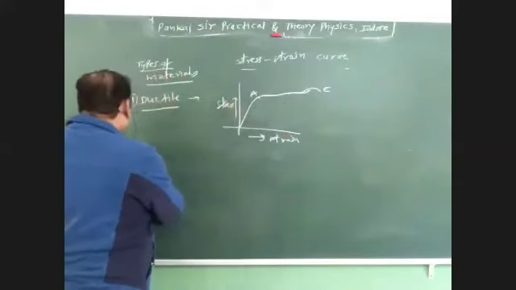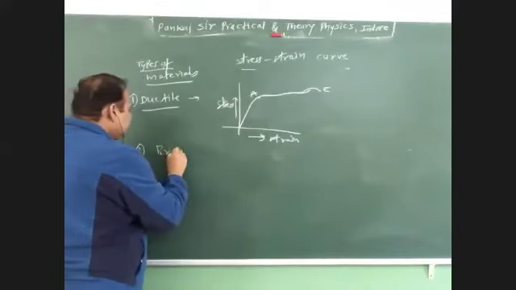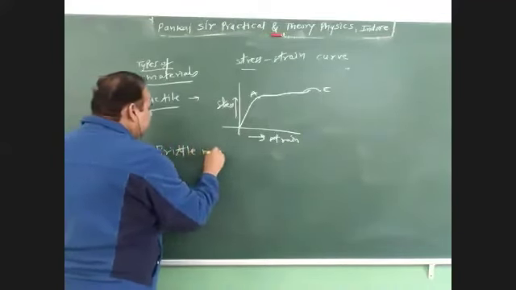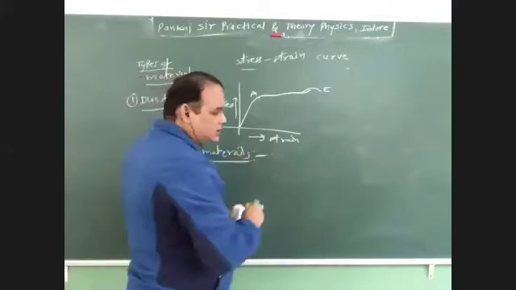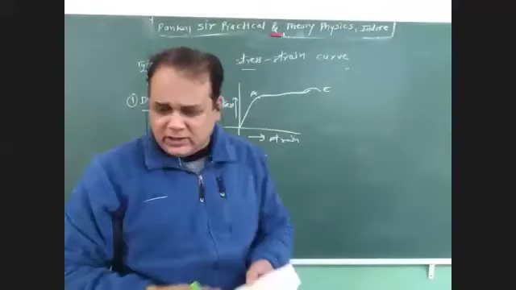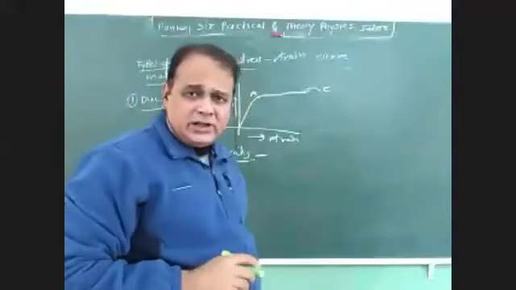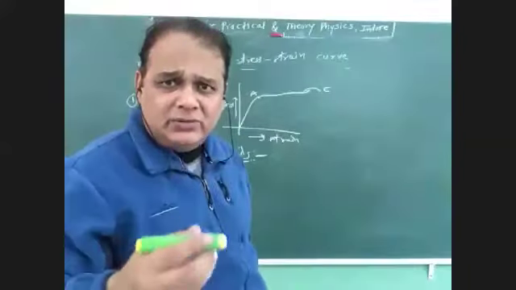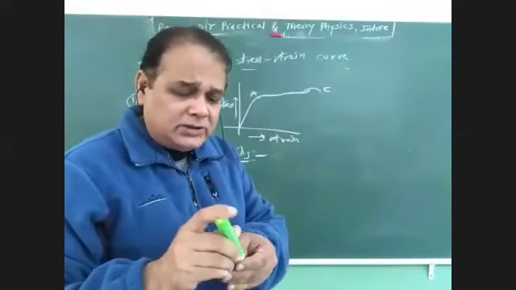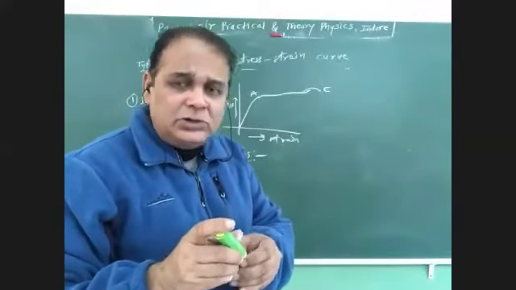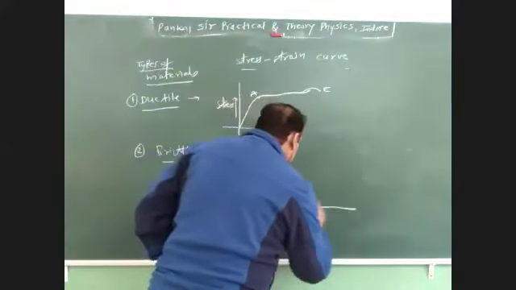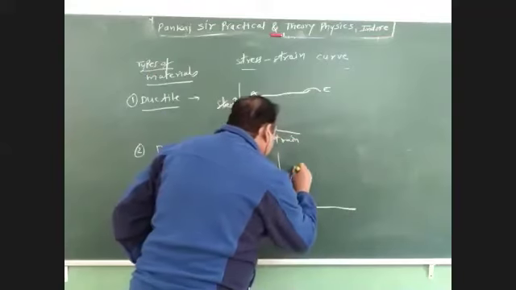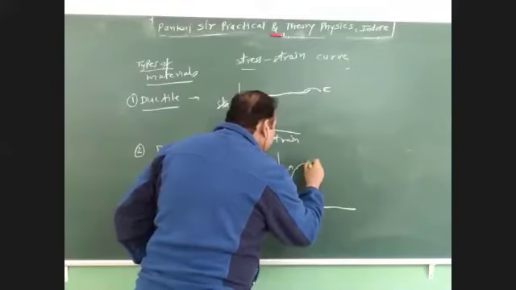Okay, then we have brittle materials. Brittle material means glass, wood, ये brittle materials होते हैं. Cast iron, ceramics, these are also brittle materials. Brittle यानी जो फोर्स लगाए टूट जाते हैं. So for brittle material, plastic range is very small and the breaking point is very close to the proportional limit or elastic point.